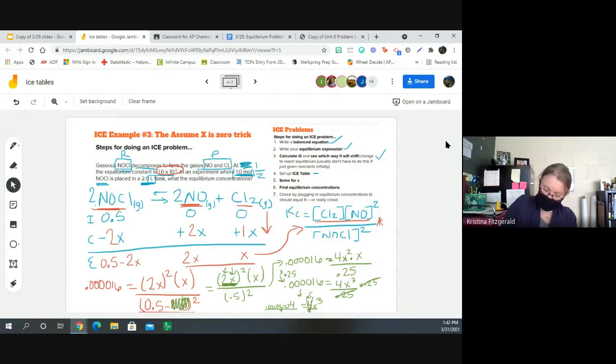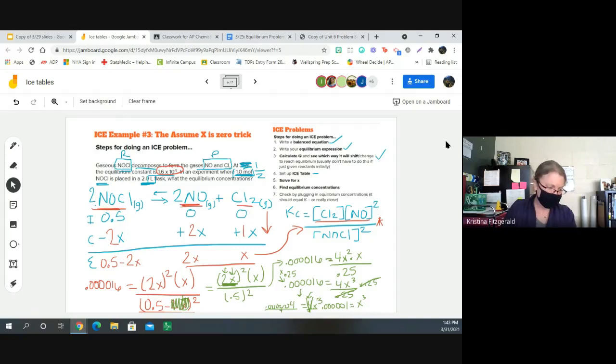What's 0.000004 divided by 4? Okay, so that would make sense. So 0.000001 equals x to the third power.